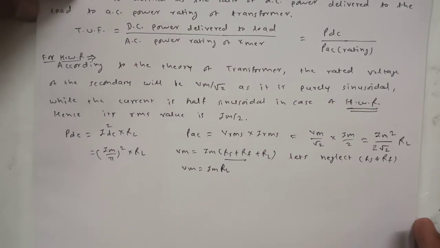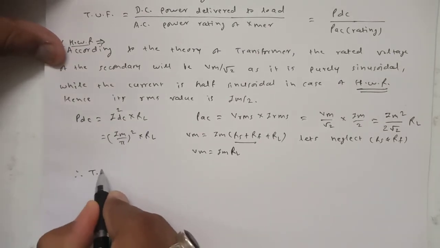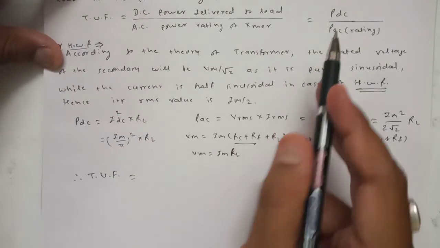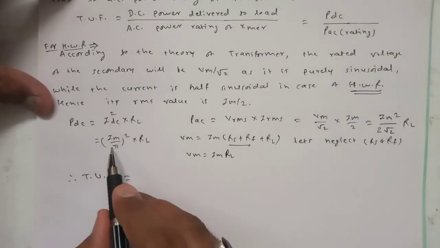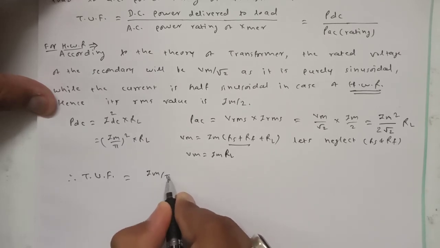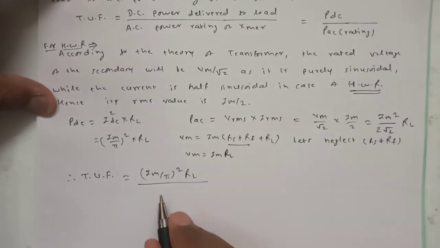Okay, so now let us write this. Transformer utilization factor is nothing but the PDC by PAC. So the PDC is this, so that value I can write Im by pi, its square, multiplied by load resistor RL. And what is PAC?